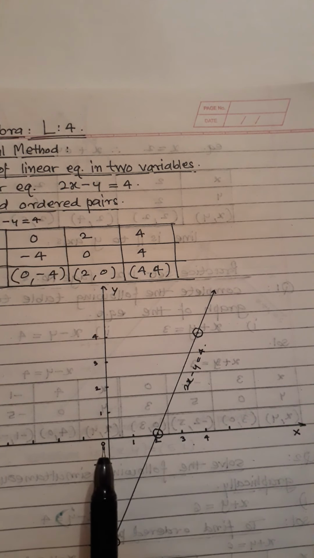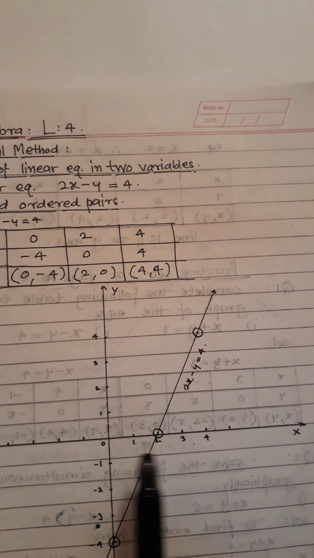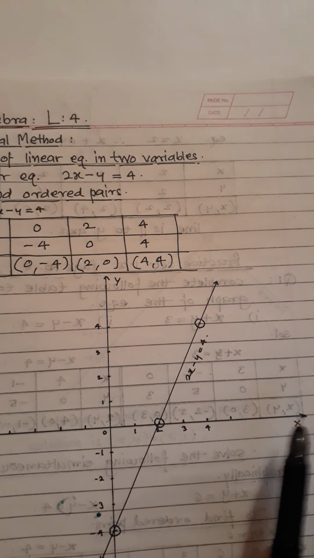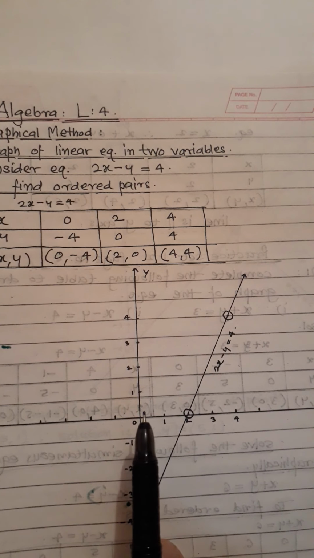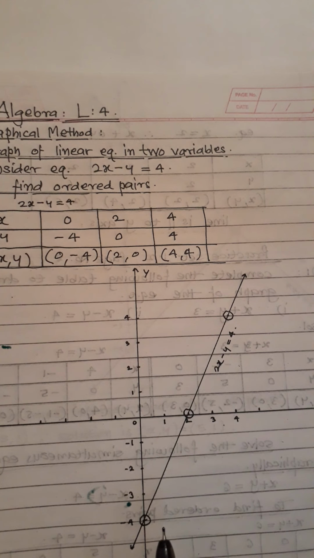The intersecting point is the origin (0, 0). Already equal divisions are there. Number those divisions in this way 1, 2, 3, 4, 5 like that. On this side it is negative. On the y-axis above is positive and below is negative.